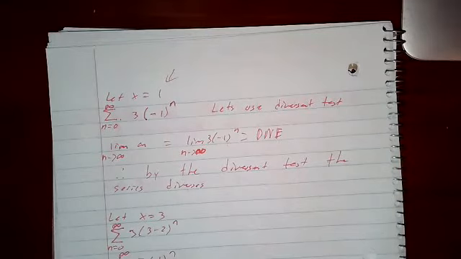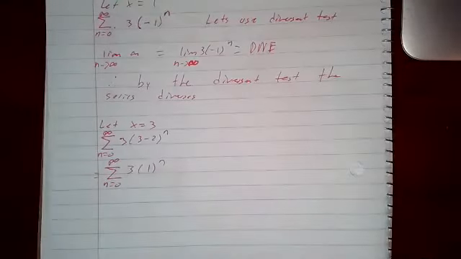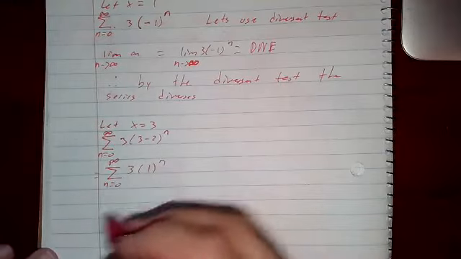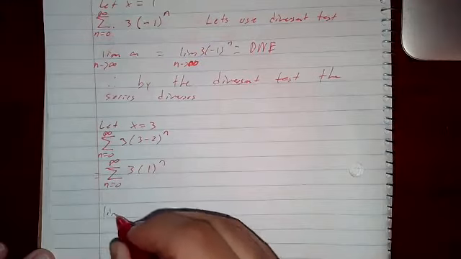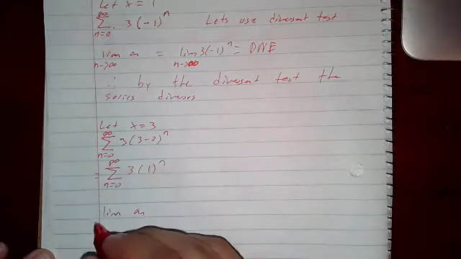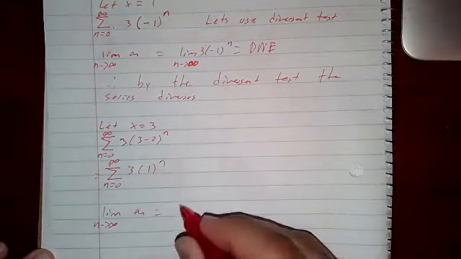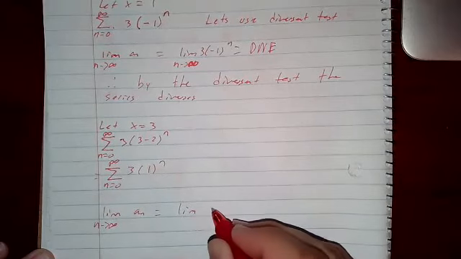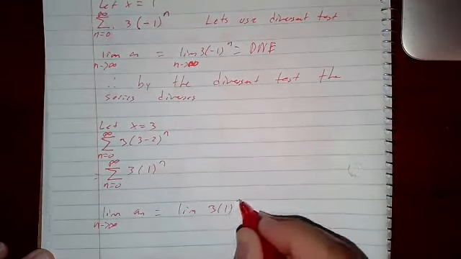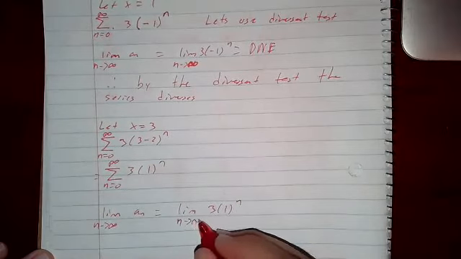You can already see what this is going to be, right? I think it does not exist, right? What is the limit? The limit of a sub n as n approaches infinity would be 3 to the 1 times n, but that limit should be obvious, right?